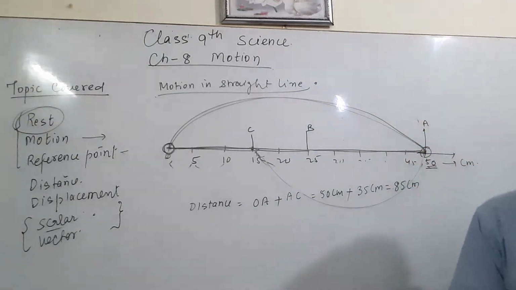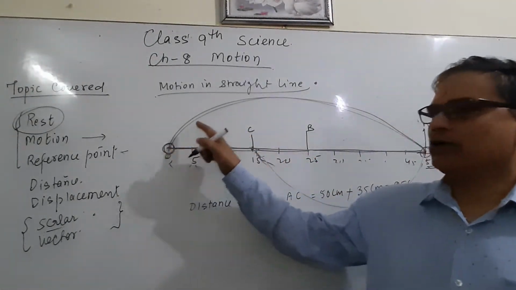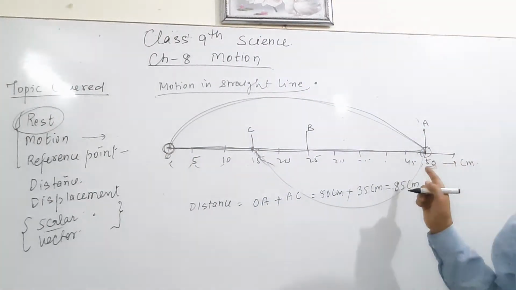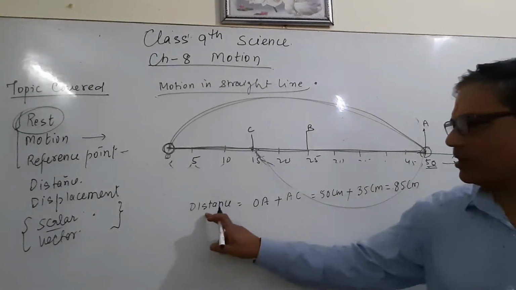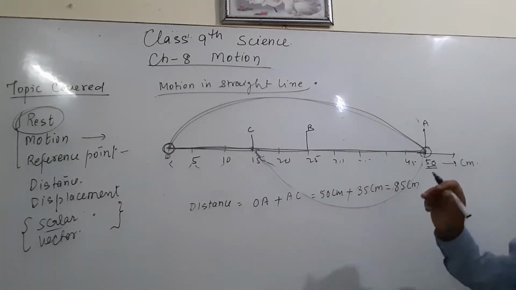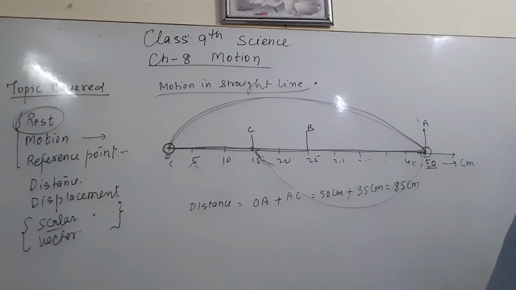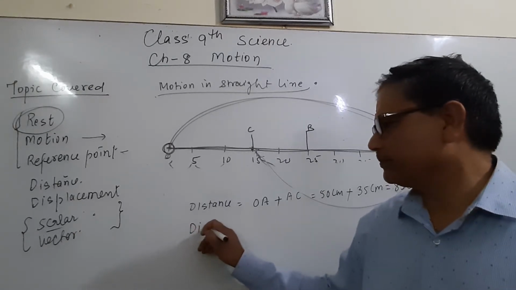So when a person starts from O, reaches A, comes back and stops at C, the distance covered by the person is 85 centimeter. And now, what is the displacement?